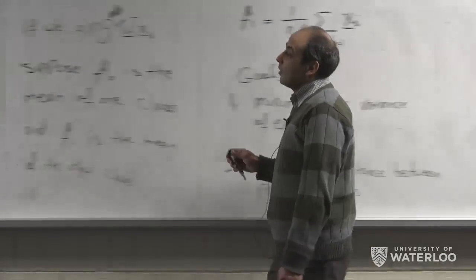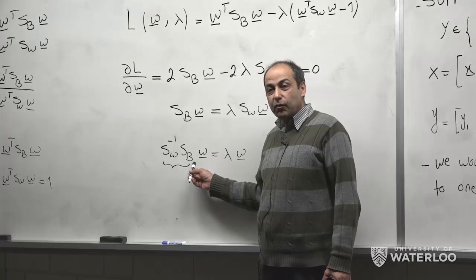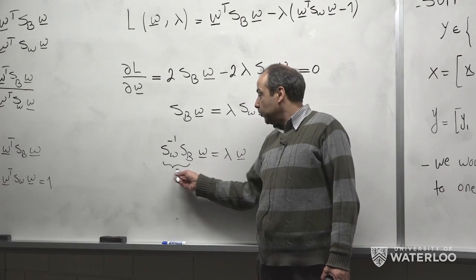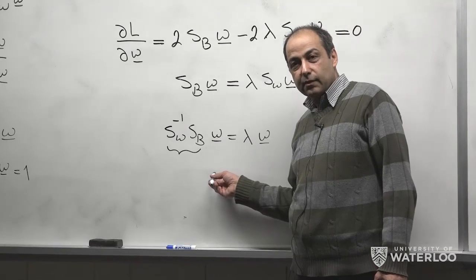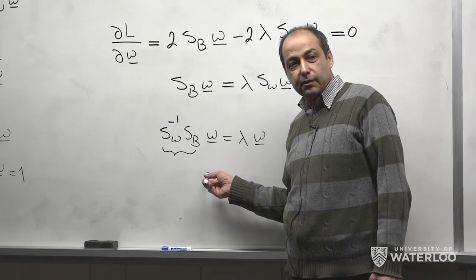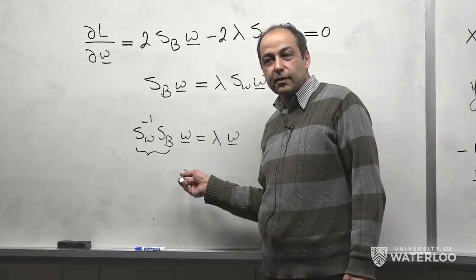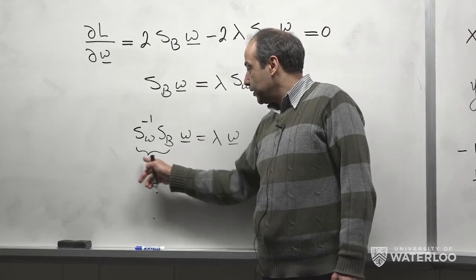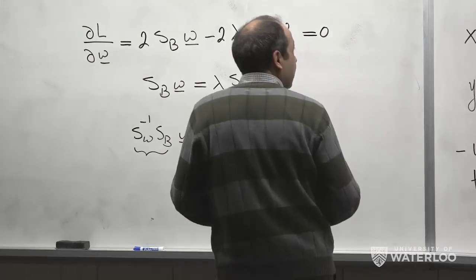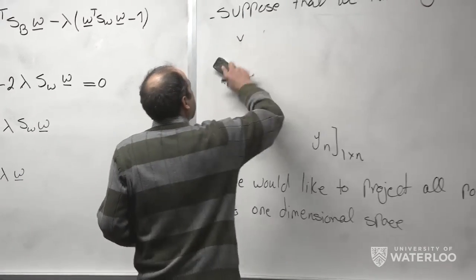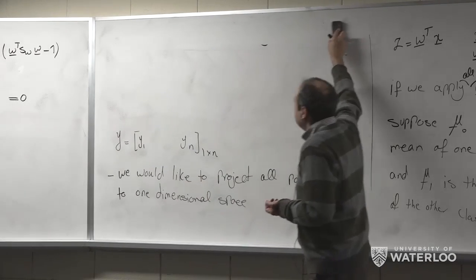So here you have a full rank matrix times a rank 1 matrix. So what would be the rank of this multiplication? One, right? So the rank of this quantity is 1. When the rank is 1, it means I have only one eigenvector.